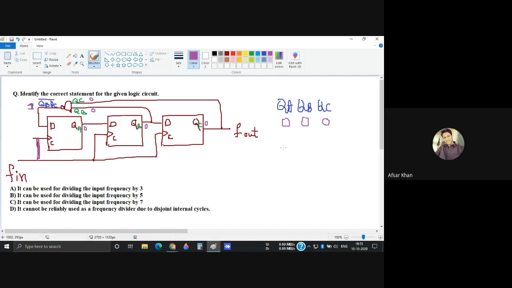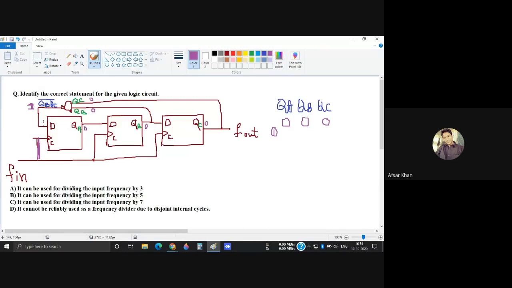So after the very first clock cycle, what is the status of the output?